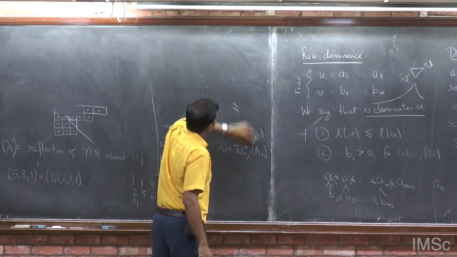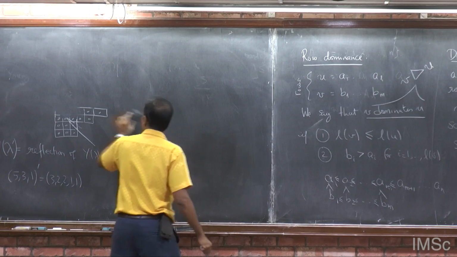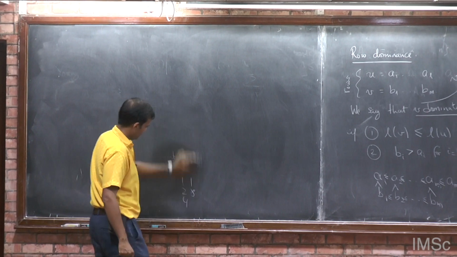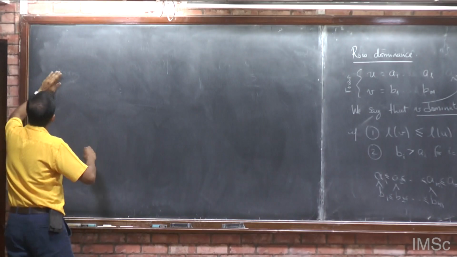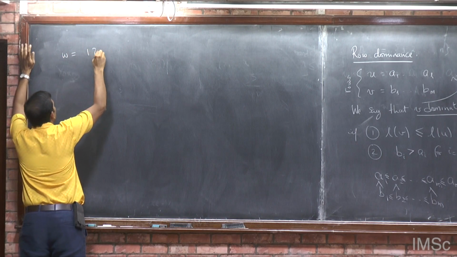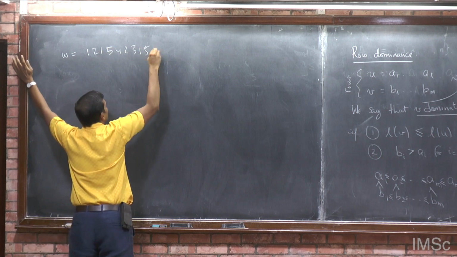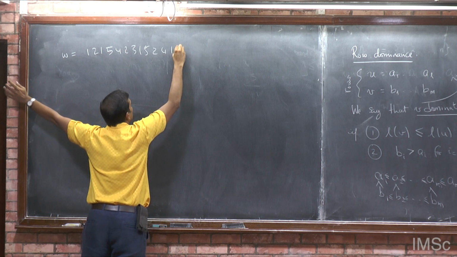So, let us see how we can do this. I am given some long word, let us say we have a 5-letter alphabet, and I am given the word 1, 2, 1, 5, 4, 2, 3, 1, 5, 2, 4, 5, 1, 3.